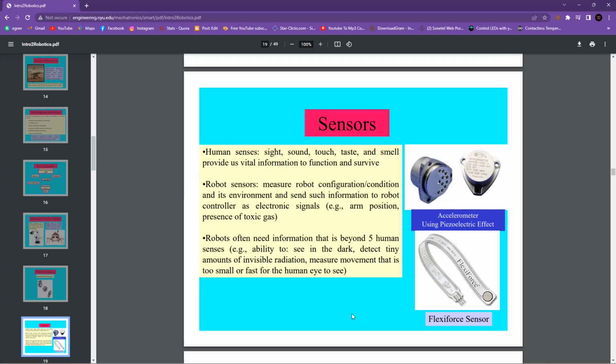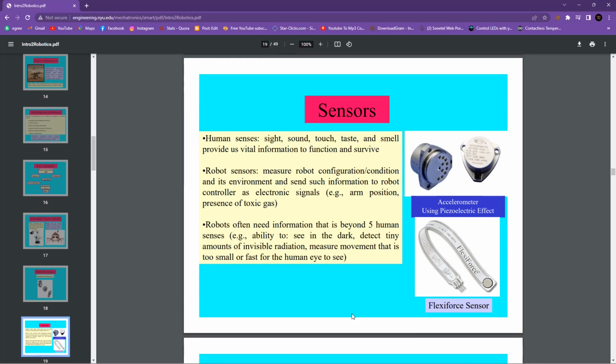You see something, you know that you are not blocked, there is no obstacle in front of you. That information is sent to the brain, and the brain controls the legs. That is how robots also work. It's very easy and simple. So let's talk about some robot senses. We have so many sensors, and we are going to talk about them.